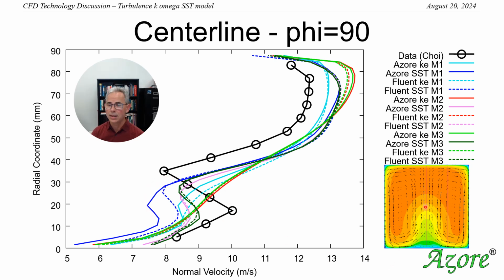We're looking at this line, and this is where we're really trying to capture this secondary flow structure. The experimental data seems to indicate that there is something going on there, as do the CFD predictions, but there is some variation in the predictions.